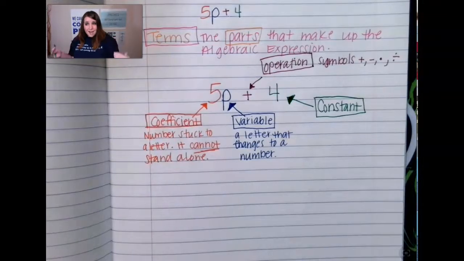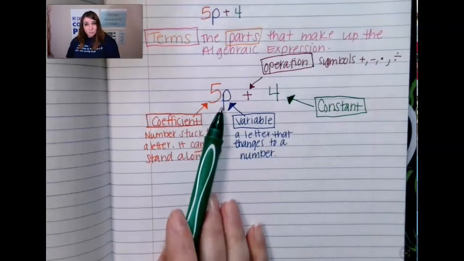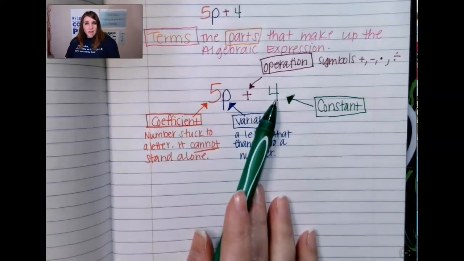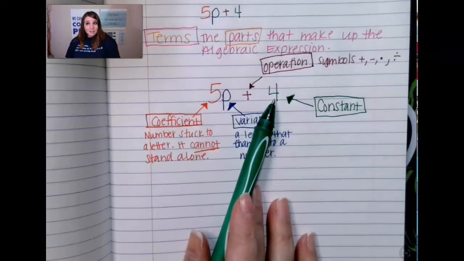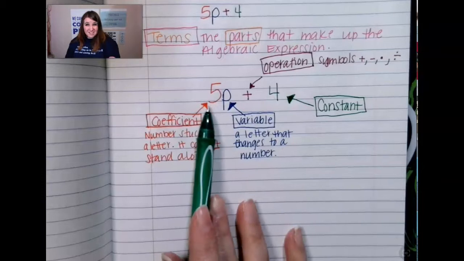It never changes. It's a number without a variable. See, this one has a variable. This one does not have a variable. This one is constantly a 4. When I look at this, I know I'm getting a 4. When I look at this, I'm like, what?